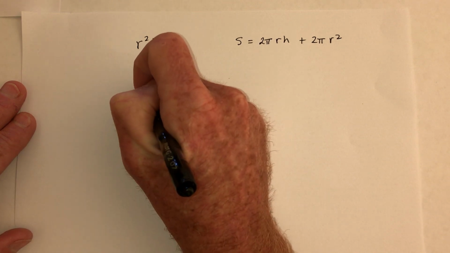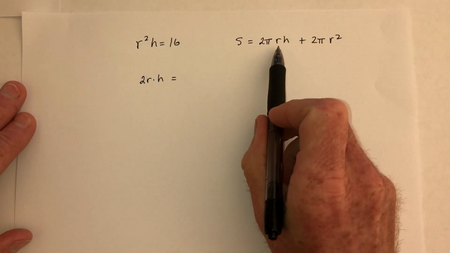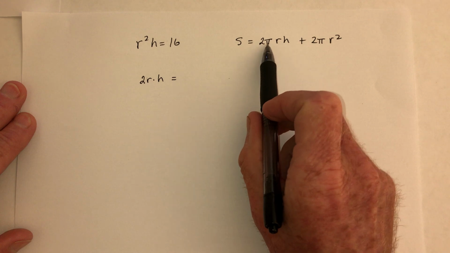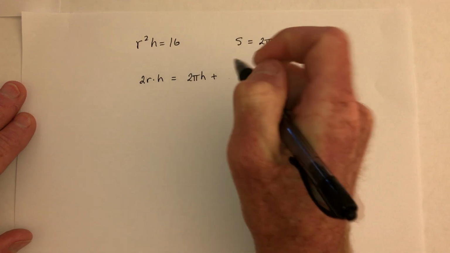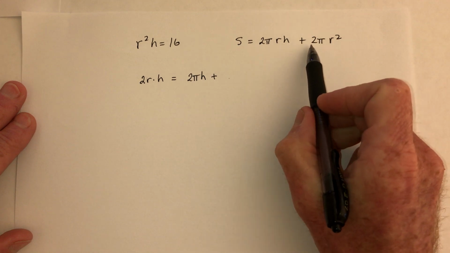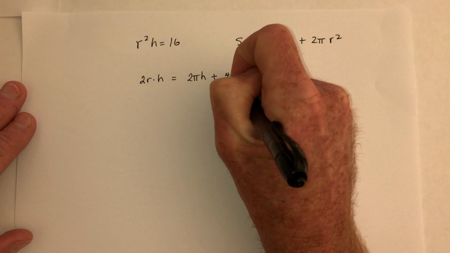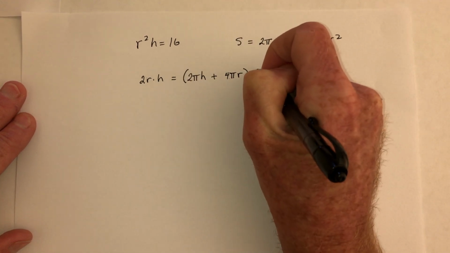This would be 2r times h. Now over here, take the derivative with respect to r. So this would turn into a 1, so there would be 2 pi h. And over here, you bring the 2 in front, and it's going to give you 4 pi r. And then all of that is times a lambda.